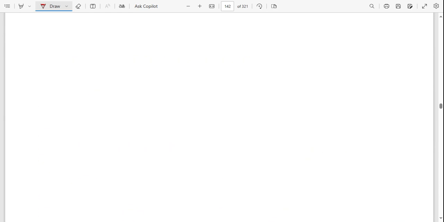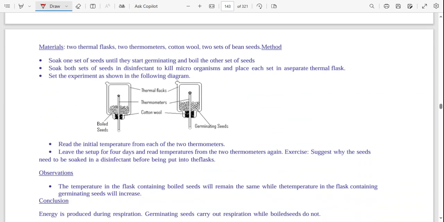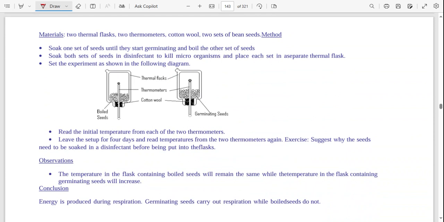Okay, so this is just an experiment to demonstrate how respiration happens in seeds which are germinating. So you can see we get boiled seed. This is seed that has been boiled, and then we have got a flask, and then a thermometer on top, some cotton wool to prevent anything from coming out here.